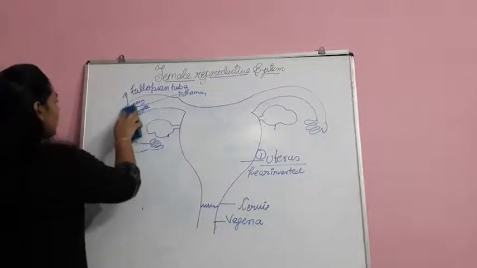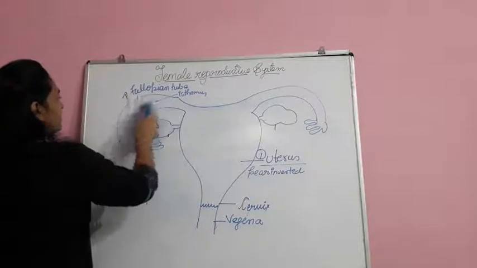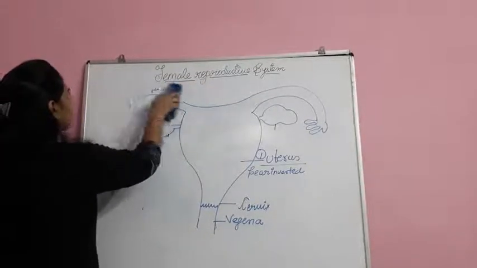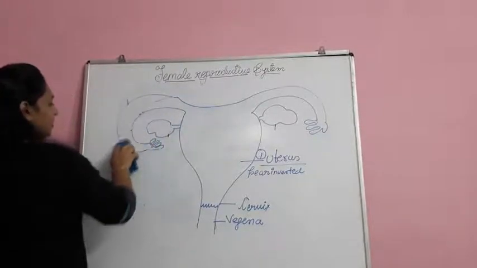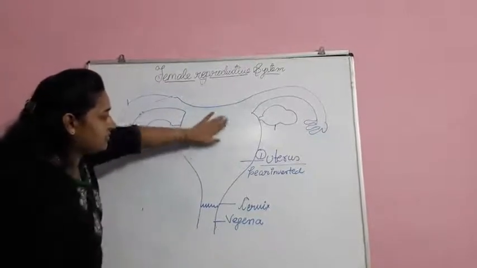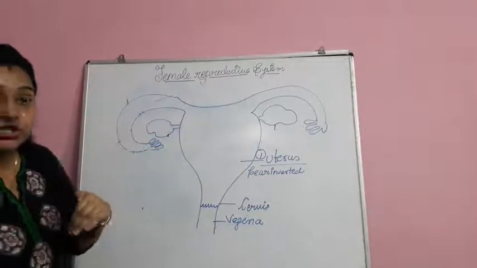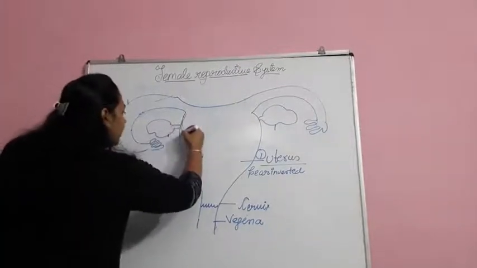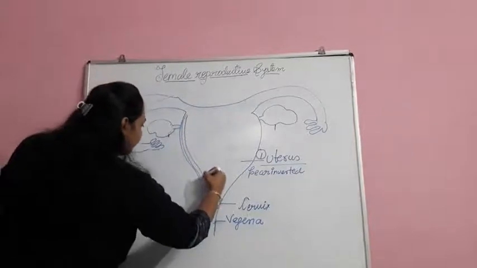Now we'll see that also, but before that let us see the uterus and its different parts. So this is the uterus, which is kind of an inverted pear shape. Now this uterus is divided into 3 different protective layers.